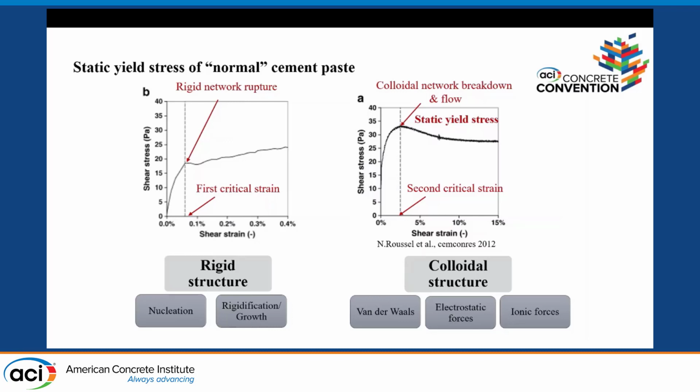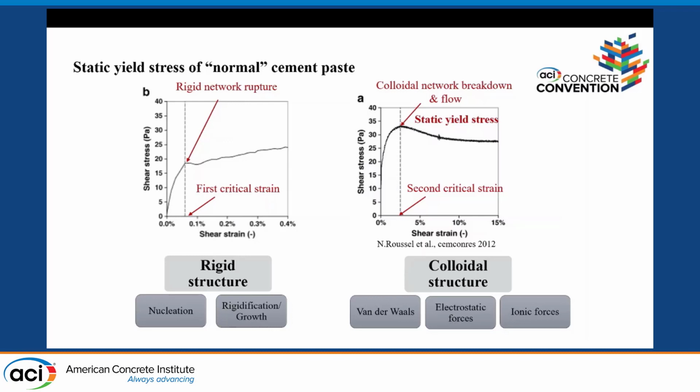And then we typically would say that the rigid network, so all the chemical hydration bridges, have been broken, but the colloidal structure, all these other interactions, have not yet been broken down, and that's due to this different stiffness between these interactions. Later on, what we typically refer to in the static yield stress is when we go to that second critical strain, and that's within a few percent for our cement-based systems.